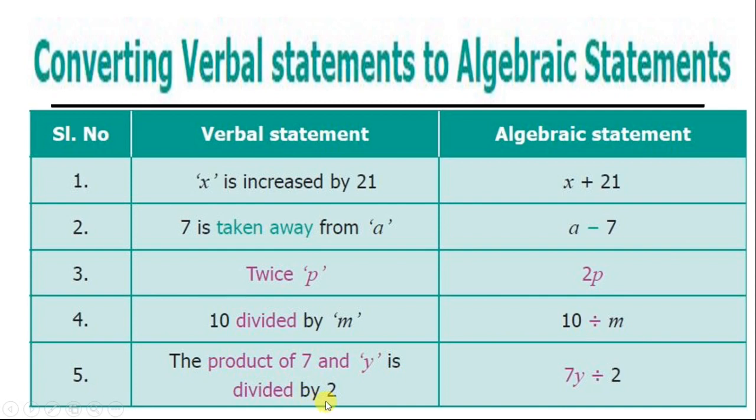The product of 7 and y is 7y, divided by 2. So we can put by 2, or put the division sign and 2. This is converting verbal statements to algebraic statements. Next we go to the exercise here.